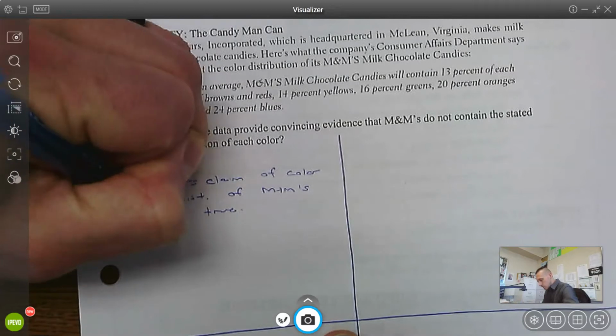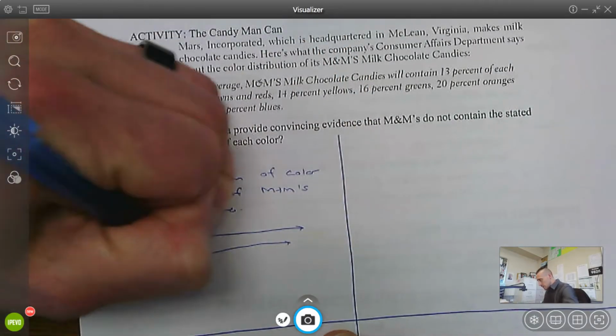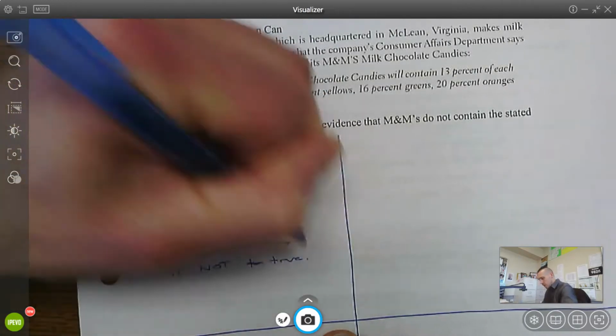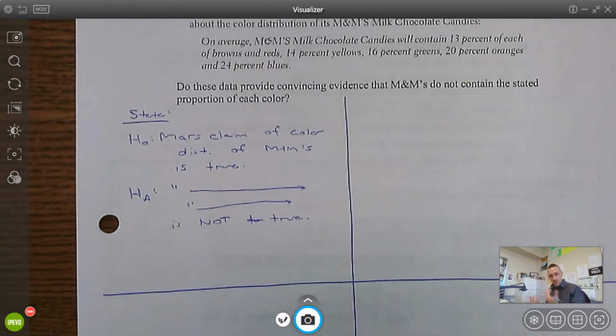And the alternative would be the Mars claim of the color distribution of M&Ms is not true. So basically, the null hypothesis is going to be the claim of the distribution is true, and the alternative is going to be that it's not true.